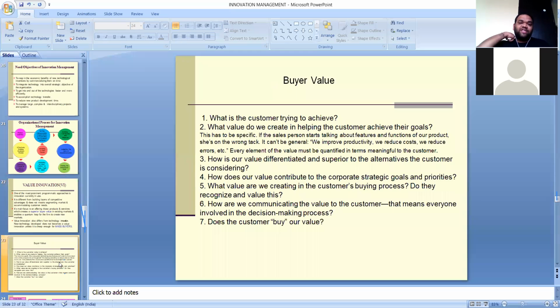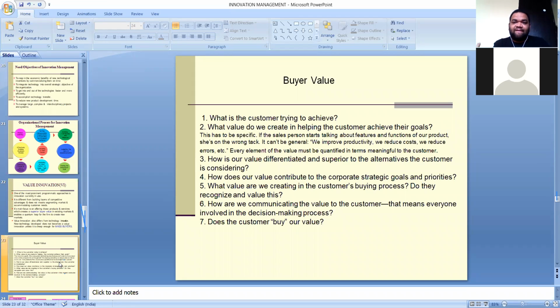So this is what we say buyer value. Buyer value is also a very important term in innovation or in marketing terms. What does superior buyer value mean? Whatever product you are going to give to a customer, they should get more than that.